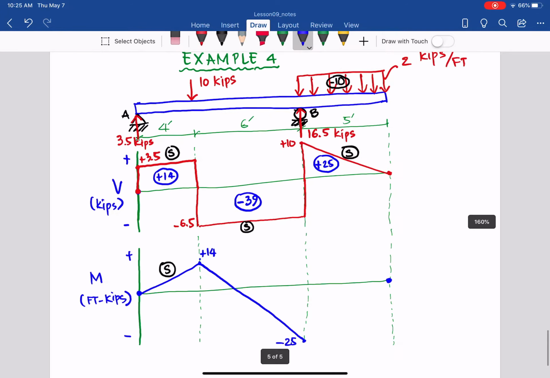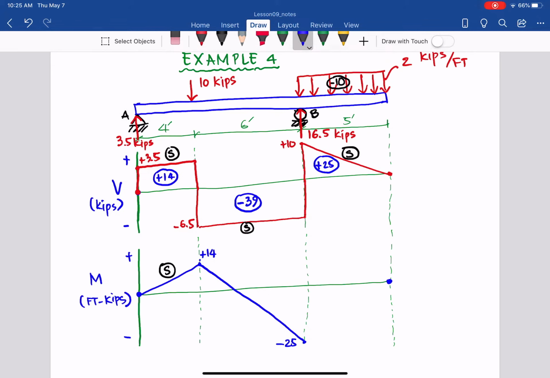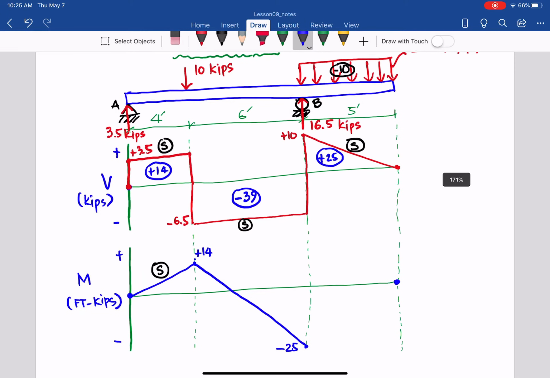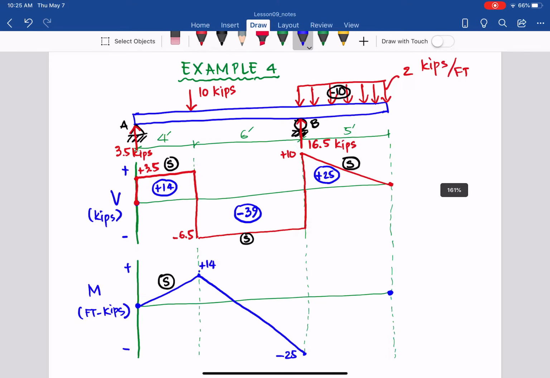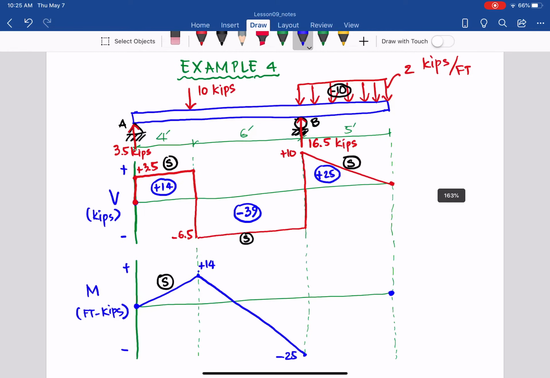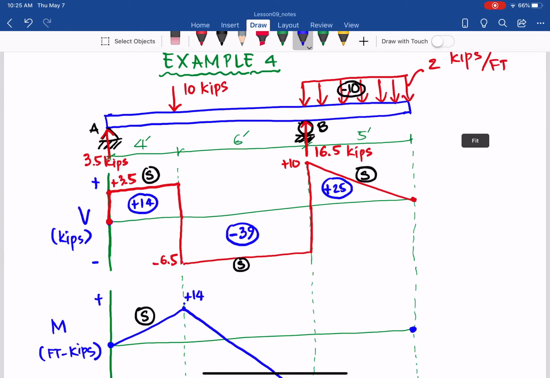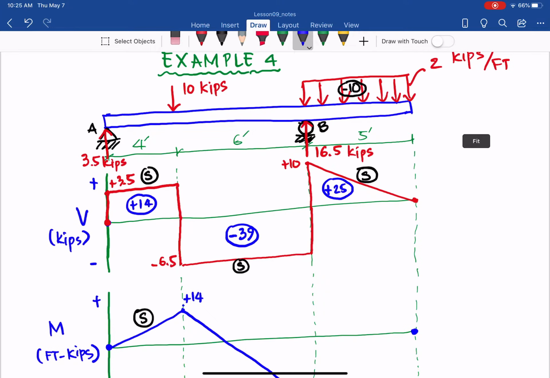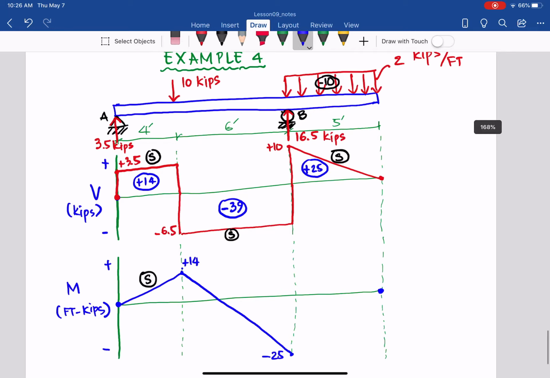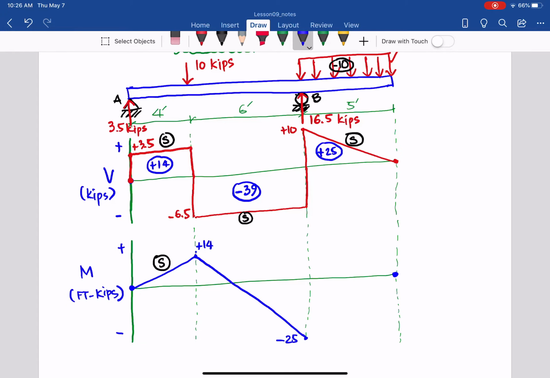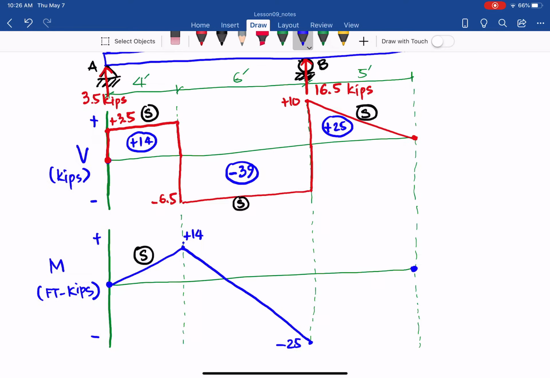And now the slope of the shear is non-zero and constant. In this case, the slope of the shear diagram equals 2 kips per foot. As a matter of fact, the distributed load is uniform, 3 kips per foot, between the roller and the rightmost of the beam. So it has to be a parabola on the moment diagram.